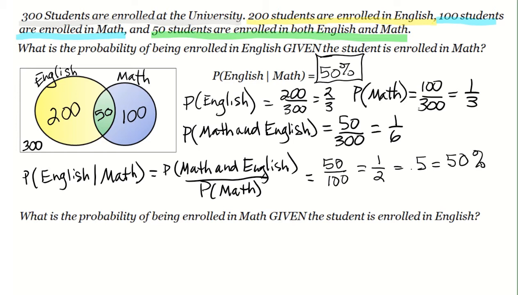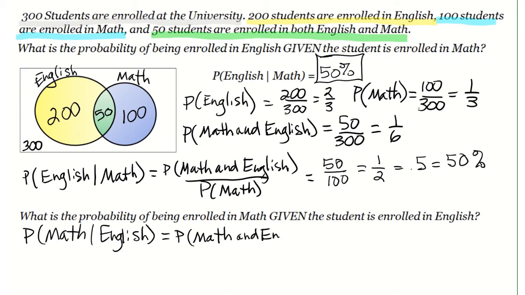So this problem is going to look like the probability of math given they are enrolled in English. So once again, that is the probability of math and English, or being enrolled in both classes, divided by the probability of being enrolled in our English class.